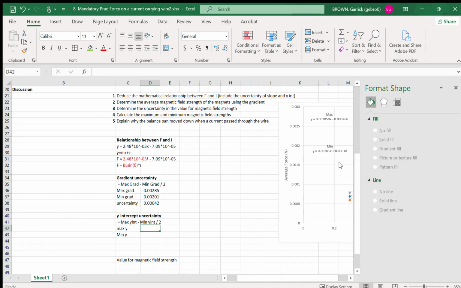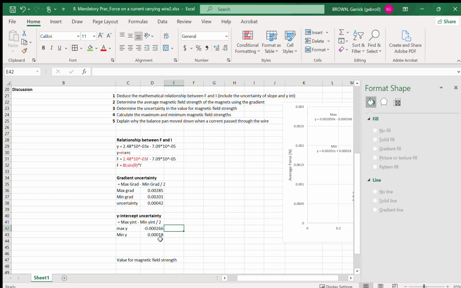The maximum y-intercept is equal to negative 0.00266, and the min is equal to 0.00018. I wrote this down incorrectly. Yeah, okay.